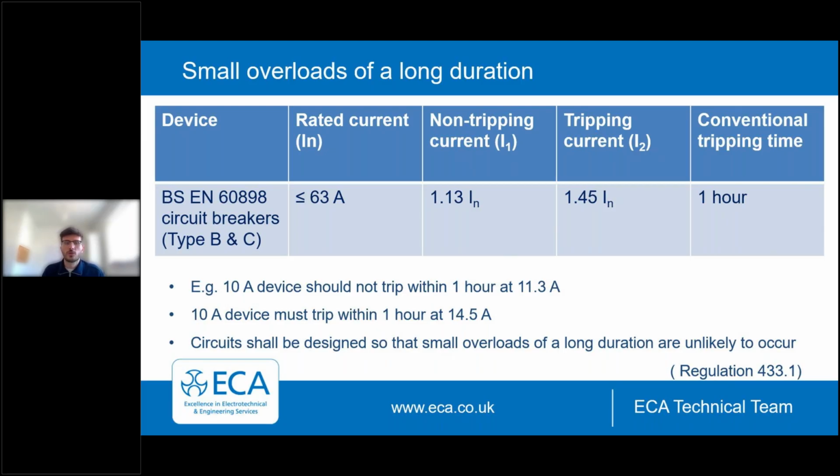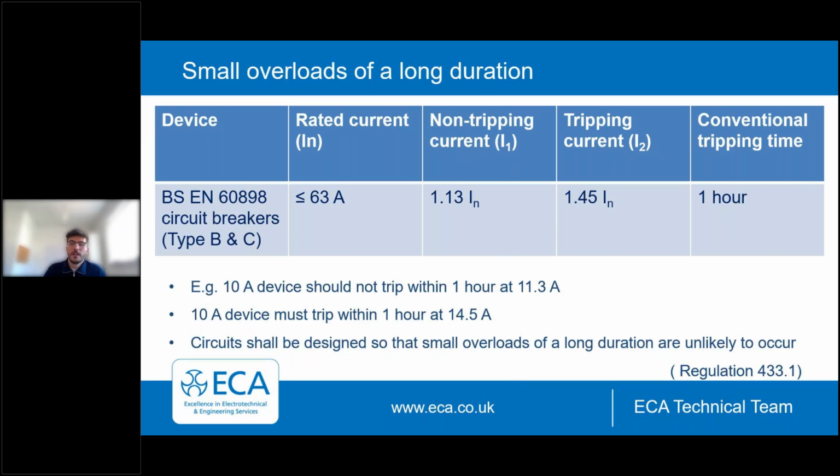So small overloads, I've mentioned that a fair bit, and regulation 433.1 does state circuits shall be designed so that small overloads of a long duration are unlikely to occur. Now, if we have small overloads of long durations, it is of course going to cause the conductors to increase beyond their maximum permitted operating temperature, so say 70 degrees for typical cables that we use.